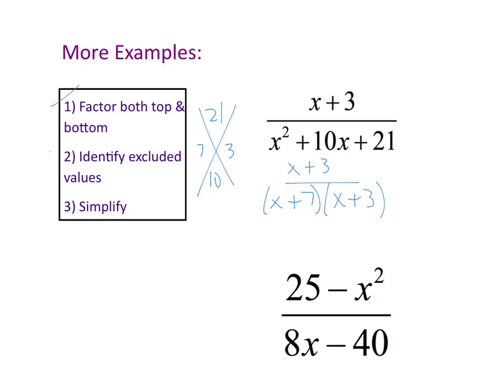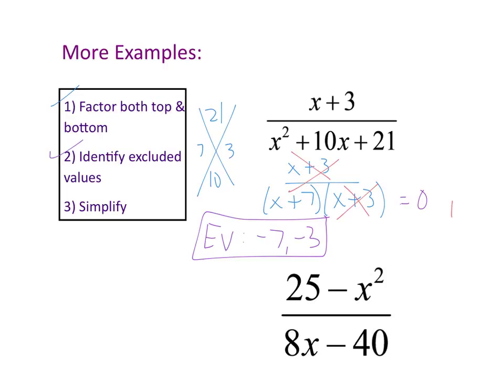Step 2, identify the excluded values. So here, excluded values are negative 7 and negative 3. And then I also have to simplify. So I'll simplify the x plus 3 over x plus 3. And my simplified answer would be 1 over x plus 7.